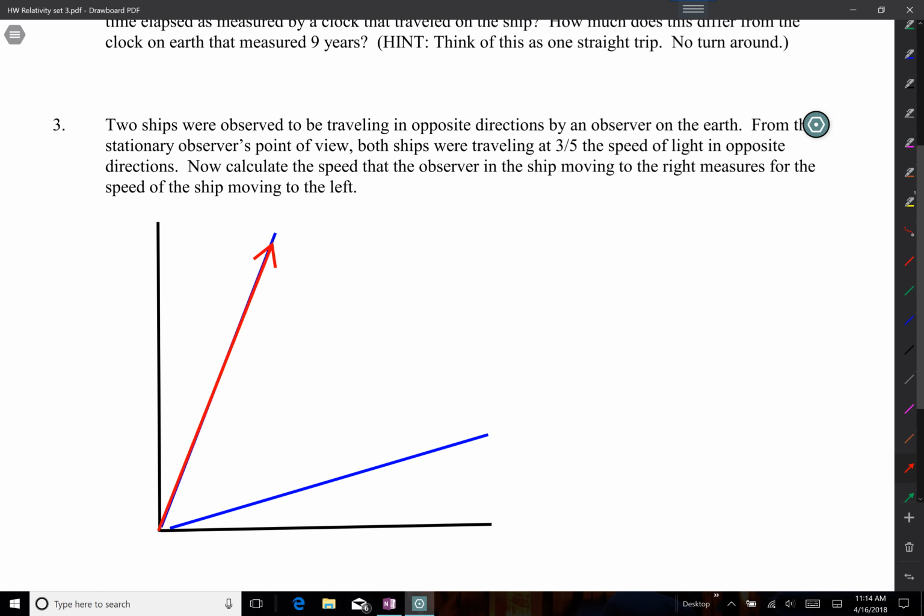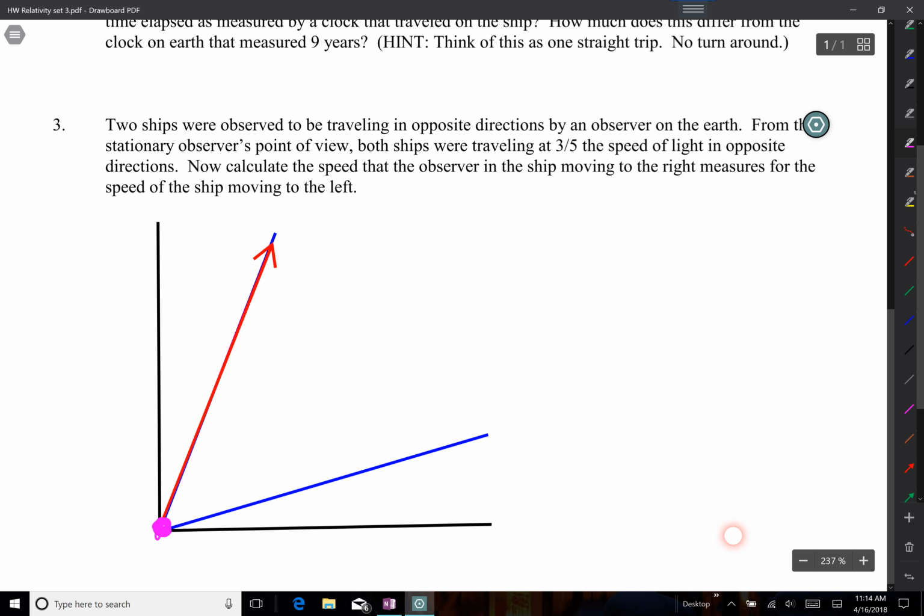We're told that it leaves and returns, and the time between those two events is measured by somebody in the perpendicular reference frame. So this is delta TS. This is 9 years.